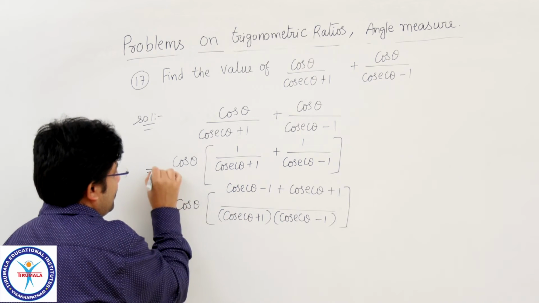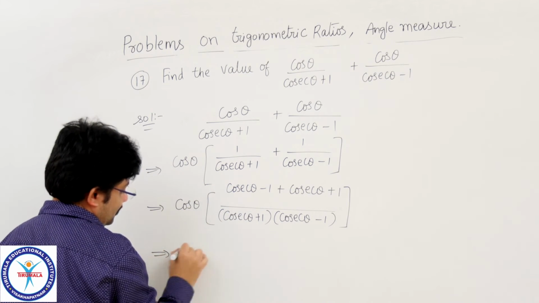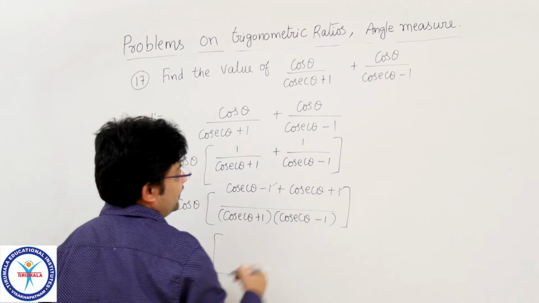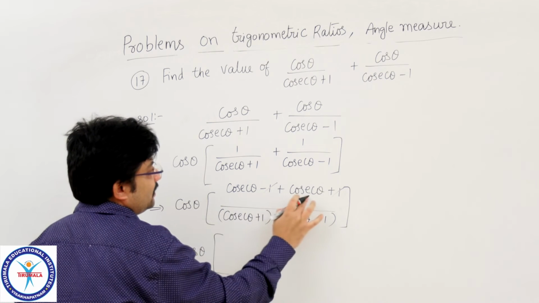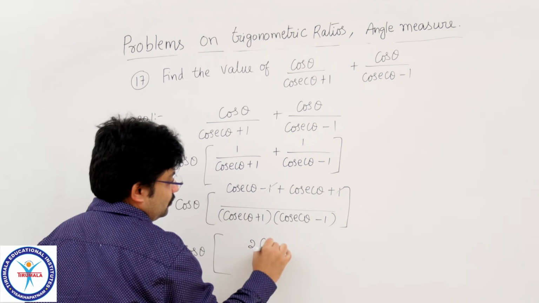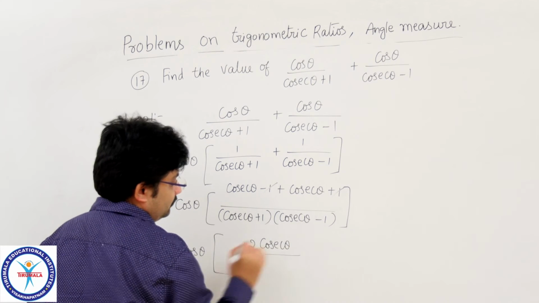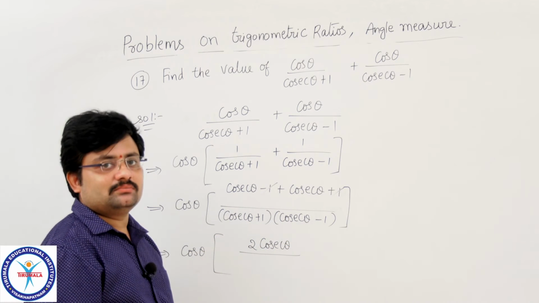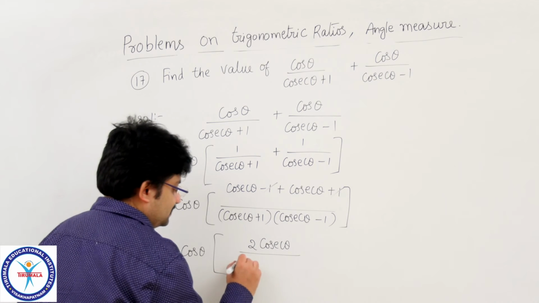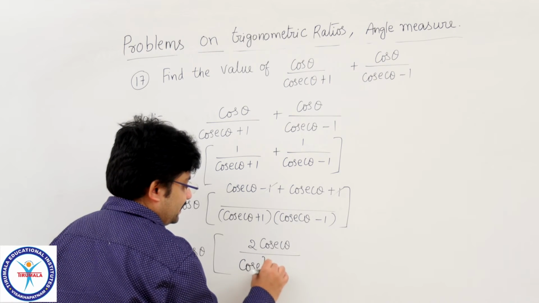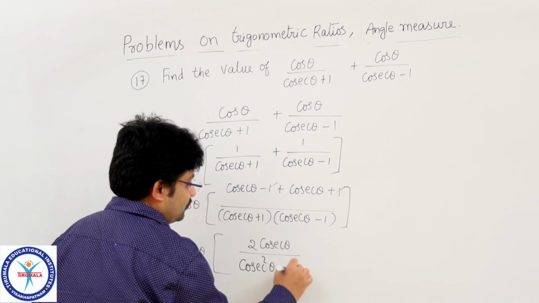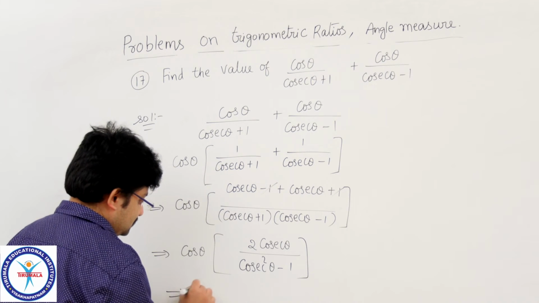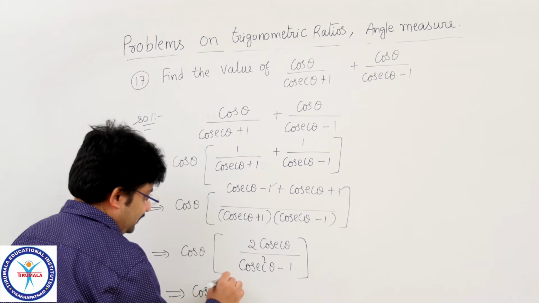That is cos theta into, here plus 1 and minus 1 get cancelled, cosecant theta plus cosecant theta, 2 cosecant theta, by a plus b into a minus b, a square minus b square, cosecant square theta minus 1 square, 1 square is 1.